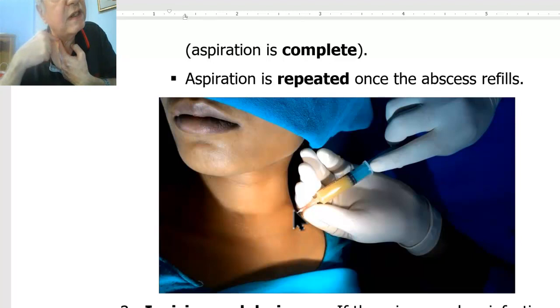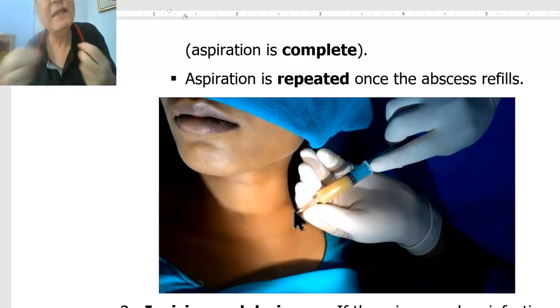And introduce the needle in the healthy skin, and pass the needle in the subcutaneous tissue. Then enter the abscess and aspirate.